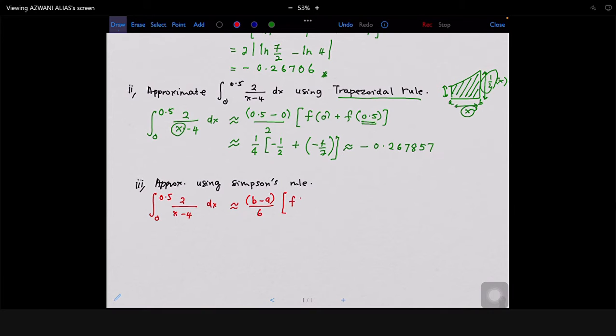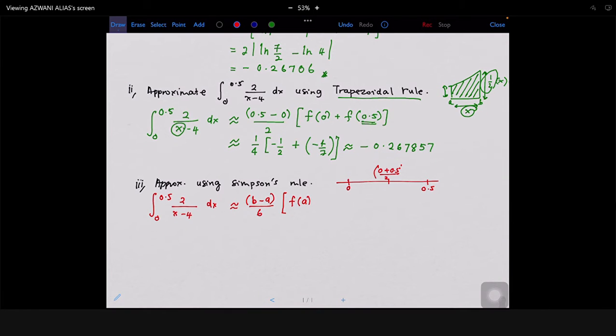Kita ada FA. Okay. Kita ada, let's say kita ada point 0 and point B. 0 is for A, B adalah 0.5. So, dia kena cari midpoint here which is 0 plus 0.5 bahagi 2. Ingat tak? So, this is the midpoint.